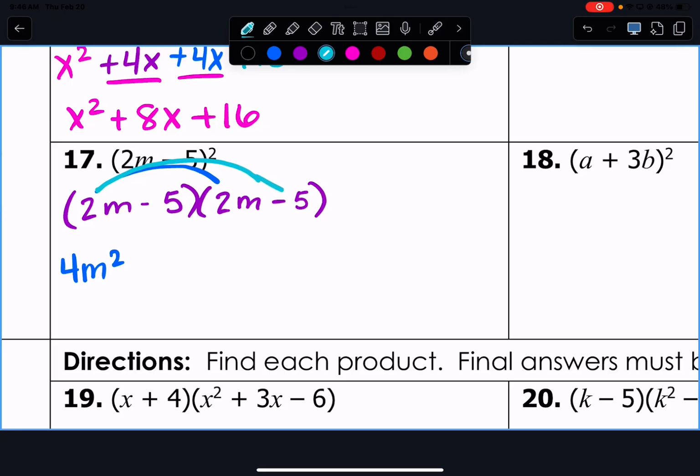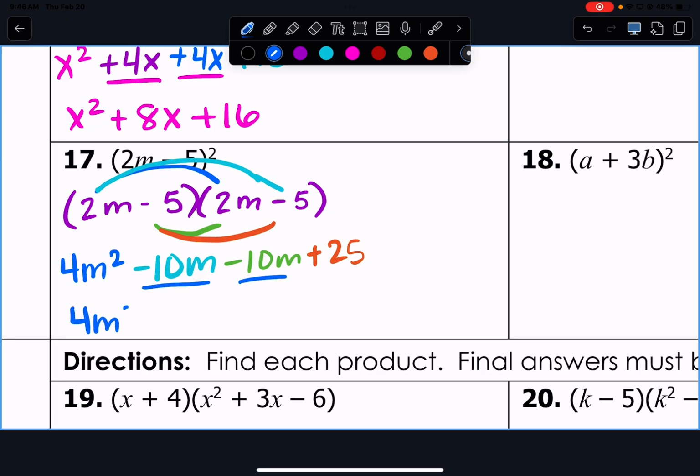What is 2m times negative 5? Negative 10m. Now negative 5 times 2m gives negative 10m. Negative 5 times negative 5 is plus 25. What can I combine? You can combine your 10m. So I get 4m squared minus 20m plus 25.